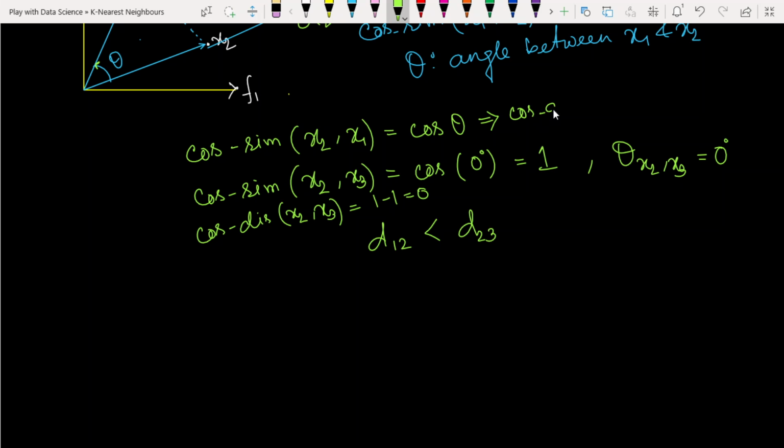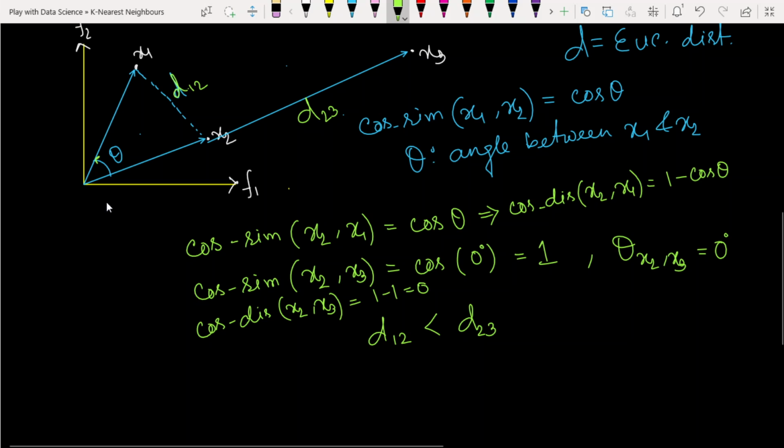Cosine distance of x2 and x1 is 1 minus cos theta. Here the angle is positive, which means cos theta is greater than 0, so this thing is not equal to 0.